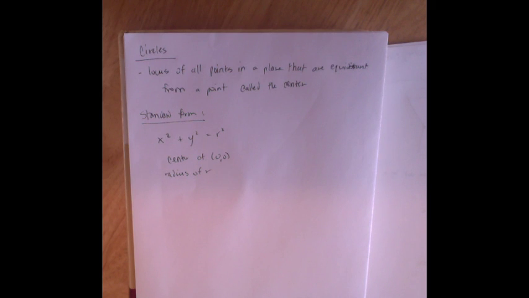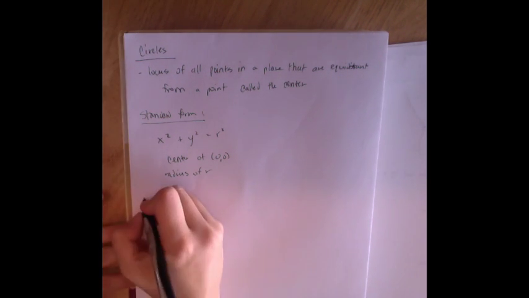Okay, now what we are going to do is let's first derive a different kind of formula for a circle. So let's do an example.